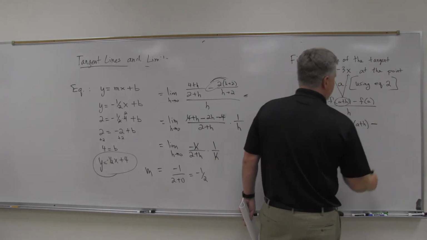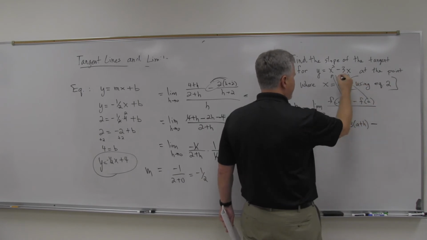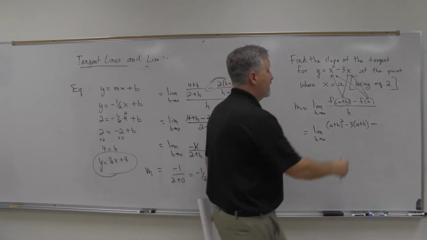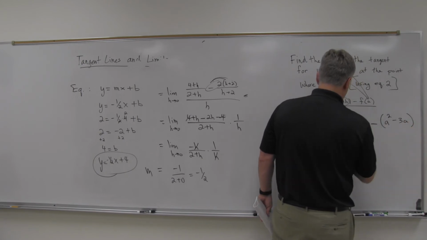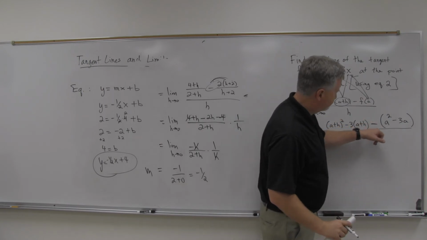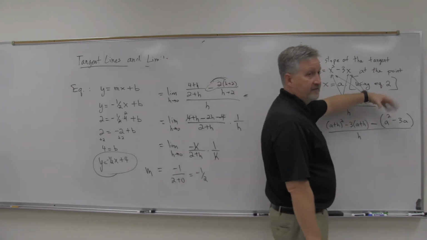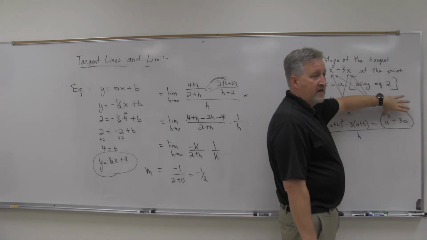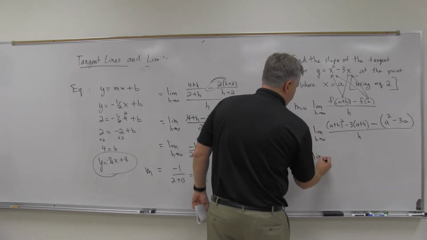Minus then f of a, well, you have to be careful because I am plugging in the a for the x, and so it's going to be a squared minus 3a, but better think about the signs there. I usually put parentheses around it because I've got to subtract the whole function value, so that's going to change those signs. It's going to be minus a squared plus 3a, because it's minus that.